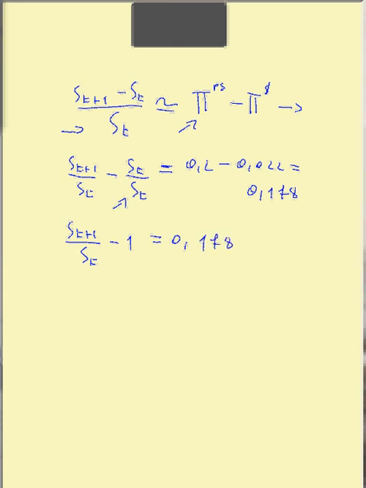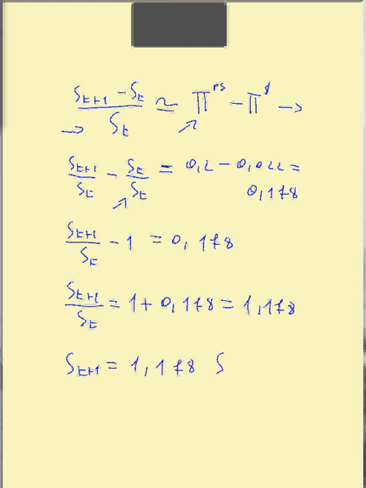Okay, so we have the equation S_T+1 over S_T minus 1 equal to 0.178, which means that S_T+1 over S_T is equal to 1 plus 0.178, equal to 1.178. So the final exchange rate in this case is equal to 1.178 times S_T, which is equal to 1.178.